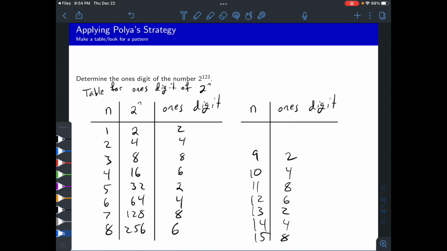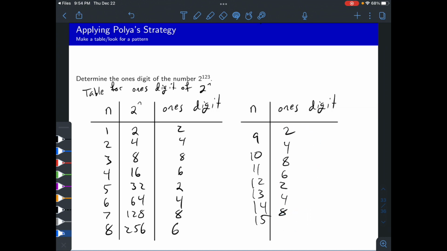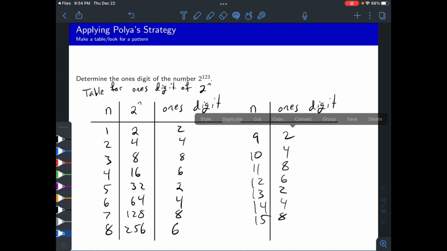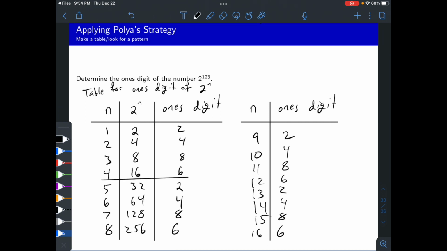Let's get rid of those just to avoid redundancy. So we already have n equals 8 over there. Okay, so every 4, the ones digit just keeps repeating. And we're just going to roll with that pattern, and it should make sense why the pattern is repeating, because we're using the same logic every time.